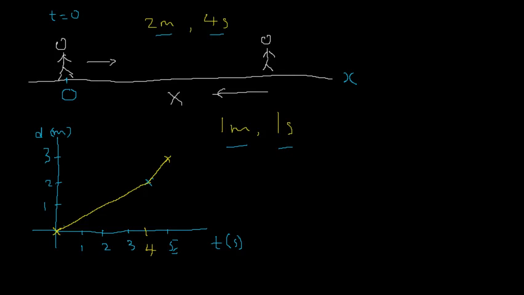That's the distance. Now, let me just make sure that this is the distance and not the displacement. Now, distance. Okay, so far so good. Now, let's think about making a graph for the displacement.